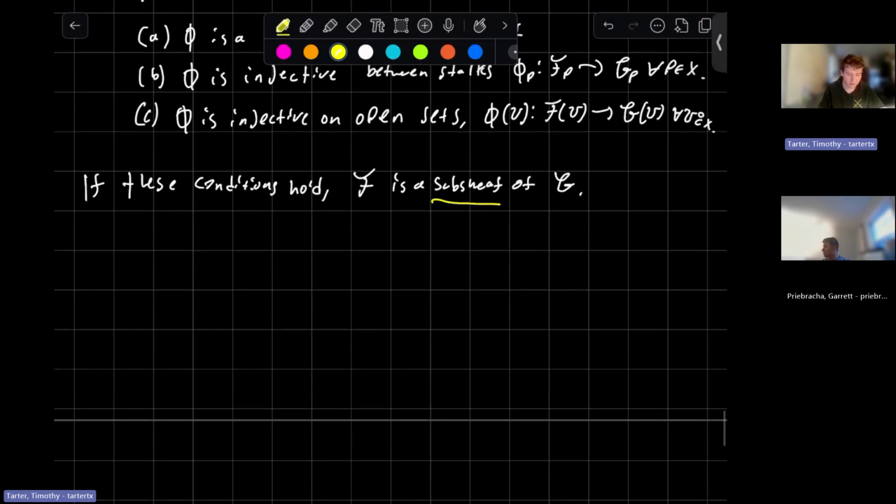And then continuing the notation of this theorem, the following are also equivalent.